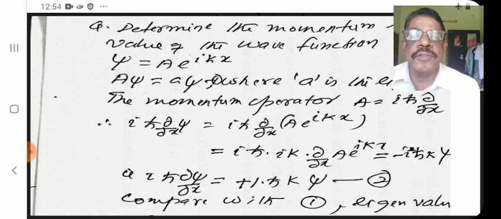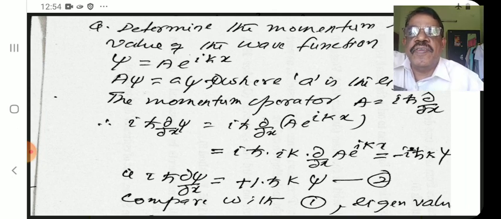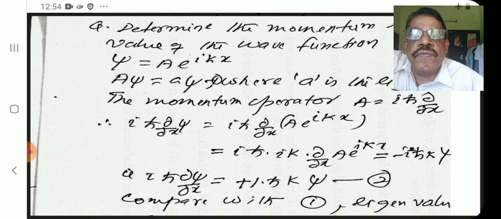The remaining is psi. The function is differentiated. On differentiation we get ik in front. There's a correction here: when we differentiate, we get ik in front, then the remaining is psi.